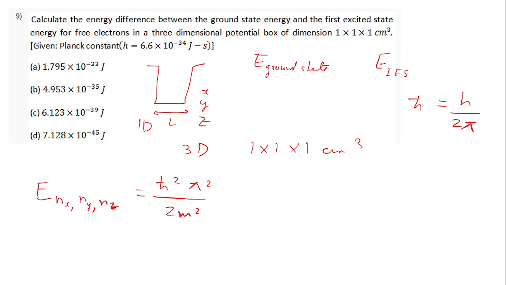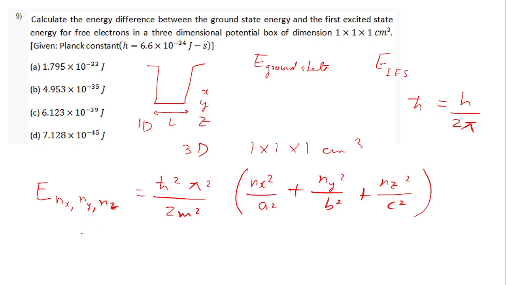Both are correct. First let me complete the formula: the expression will be nx square by a square, like a, b, c, I'm taking the 3 dimensions, and ny square by b square and nz square by c square. This is the expression for energy of the particle when it is in nx, ny, nz state.